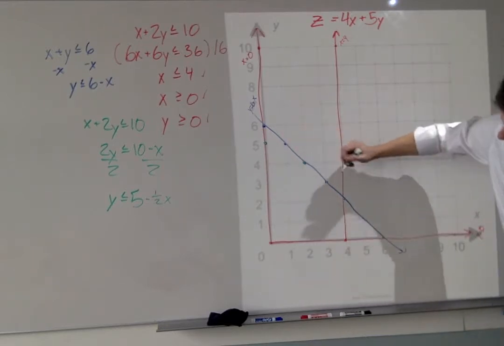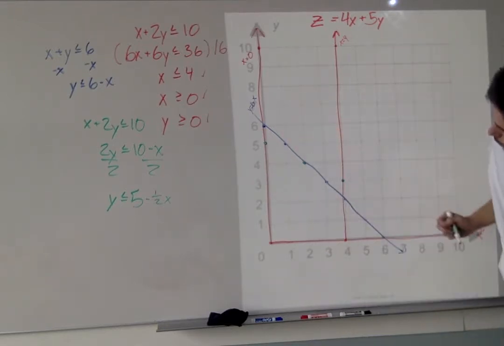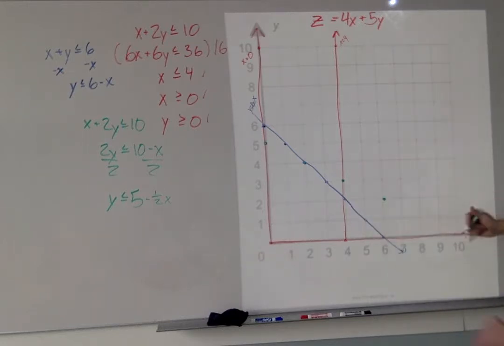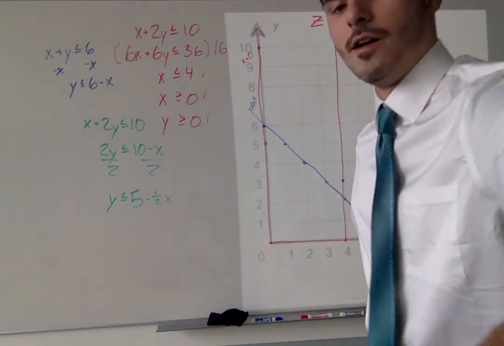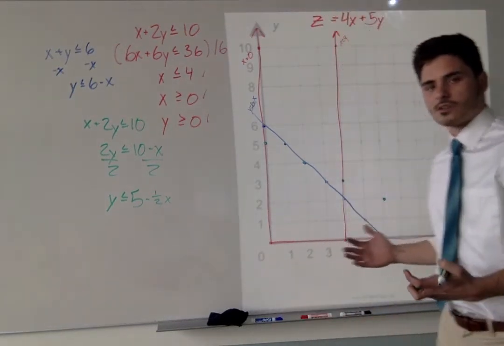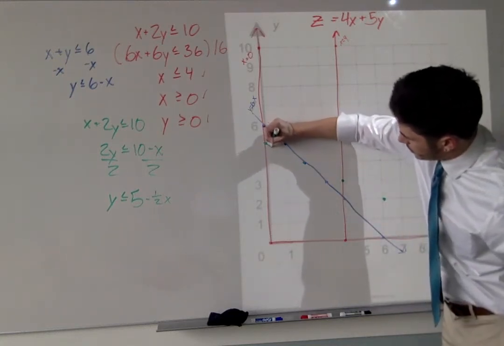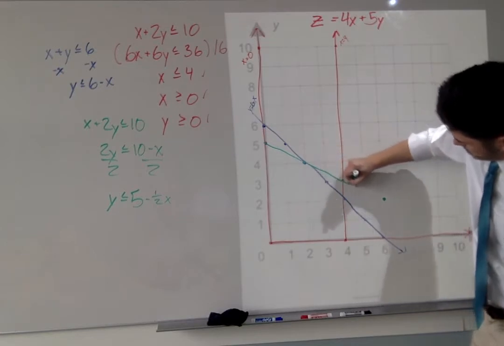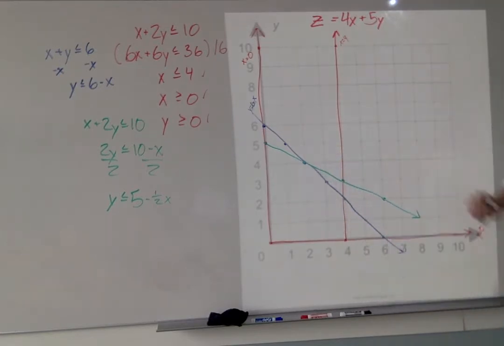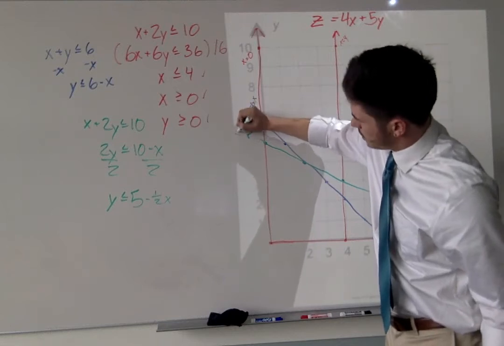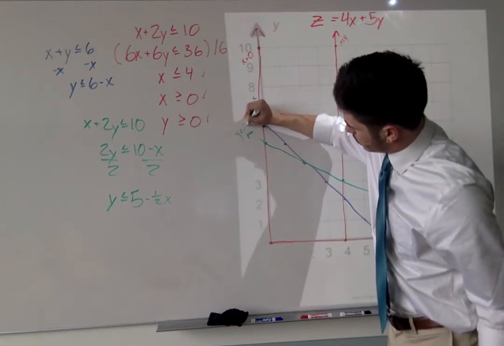And then our next point will be 4, 3, then 6, 2. But as we come out farther this way, we're not even working with our area of constrained values anyway, so it's not really worth finishing this line. But it's definitely worth drawing in right here. So there's a line, y equals 5 minus 1/2 x.